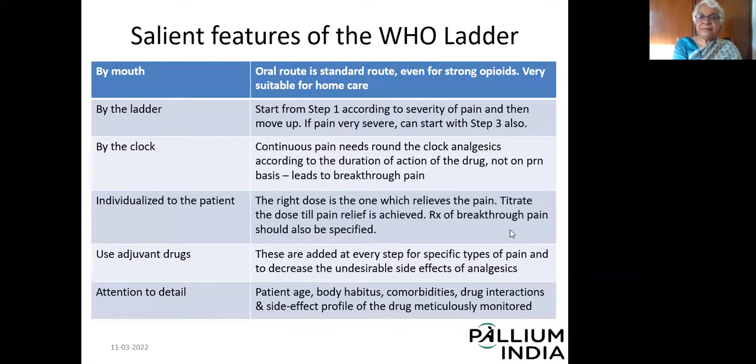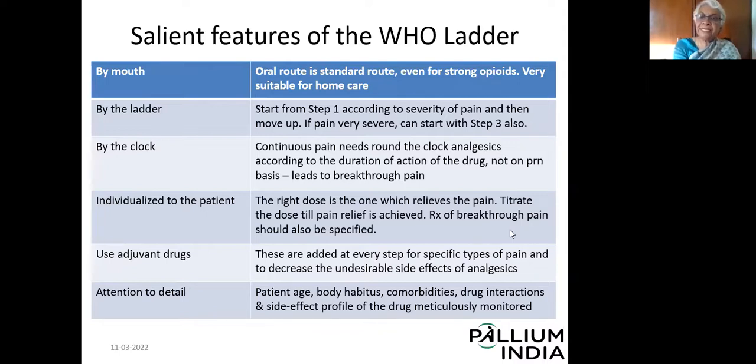Another important characteristic is that it is individualized to the patient. The right dose of analgesic is the one that is causing relief of pain. It can vary from patient to patient. For example, there is a patient whose pain is controlled with 30 milligrams of morphine. In another patient, it may be controlled with 120 mg of morphine.